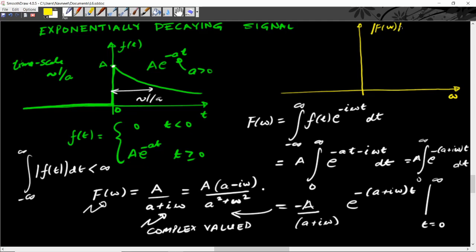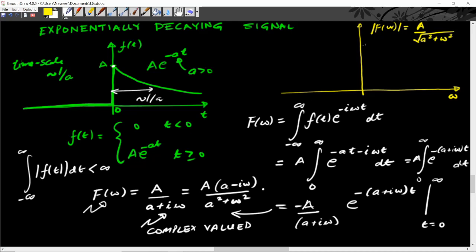The magnitude of the Fourier transform is A over the square root of a squared plus omega squared.